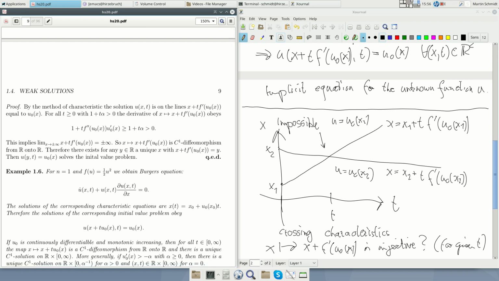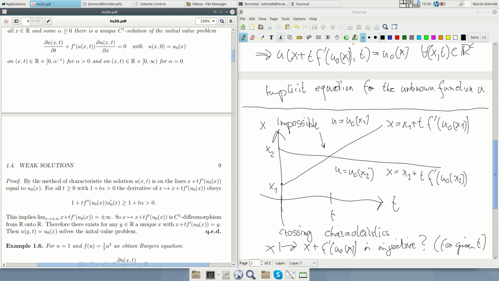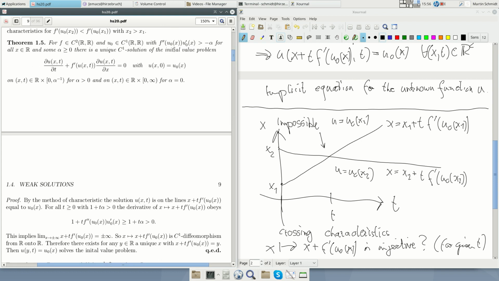The condition which we assume is that this expression, which is exactly this derivative, is larger than minus alpha. And if we have this inequality, then of course this is larger than minus alpha.